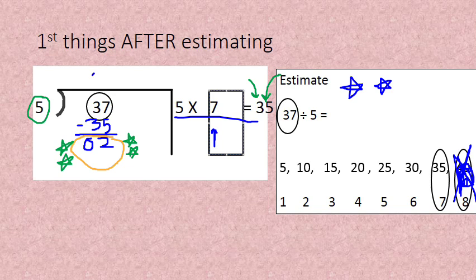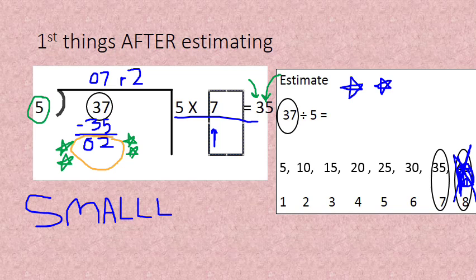And I look to my box for the answer. My answer is 7, remainder 2. The reason that I was done was that the number we found when we subtracted was smaller than our count bys.